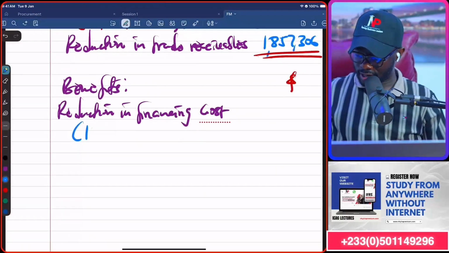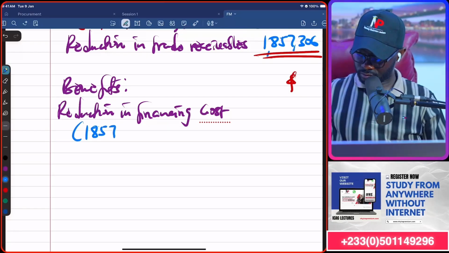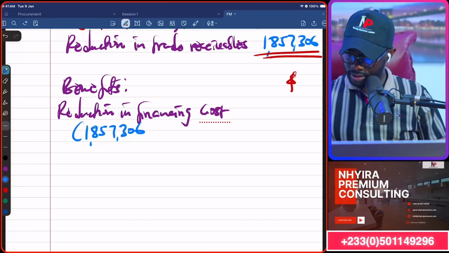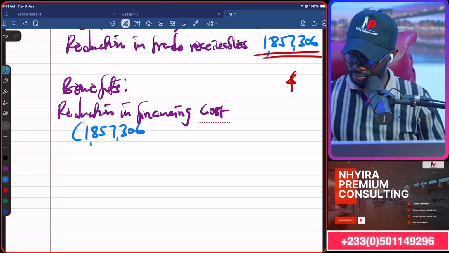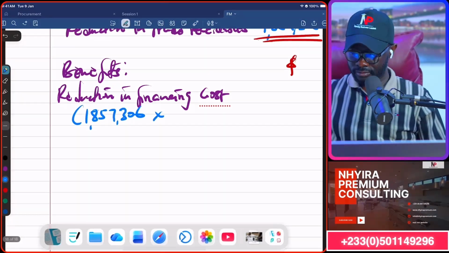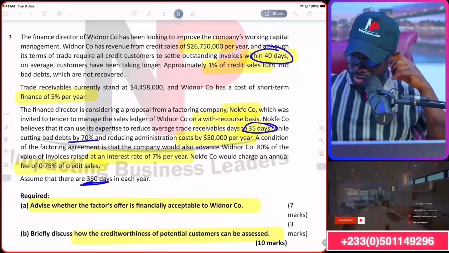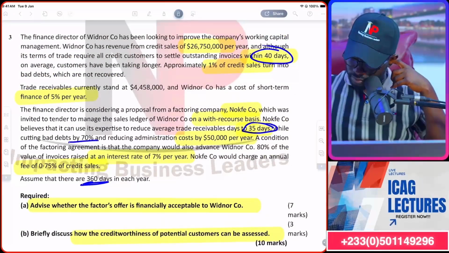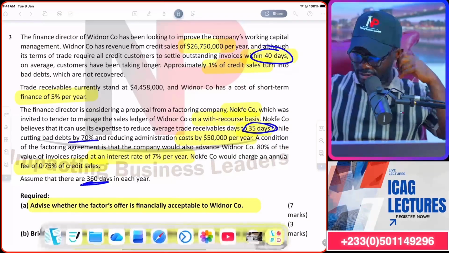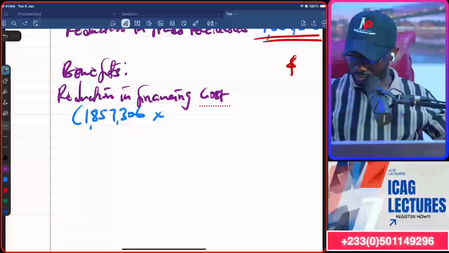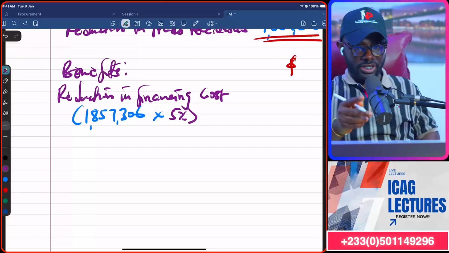So our answer, 1,857,306 times our interest. What's our interest? Yeah, 5%. So this will be reduced.